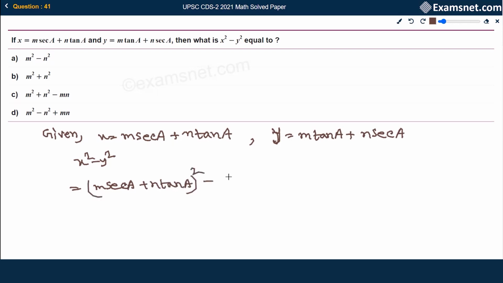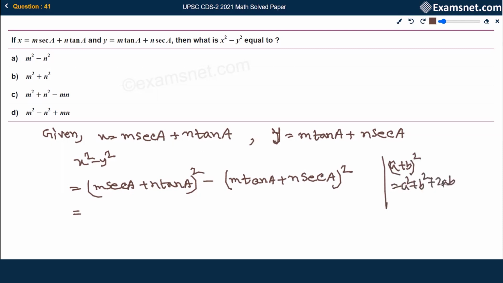m sec a plus n tan a whole square minus m tan a plus n sec a whole square. We will expand it with the help of the formula a plus b whole square, a square plus b square plus 2ab.